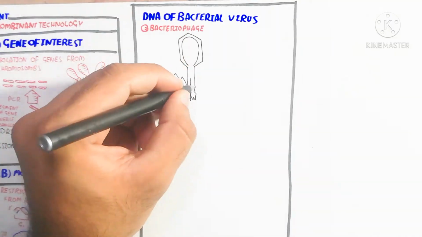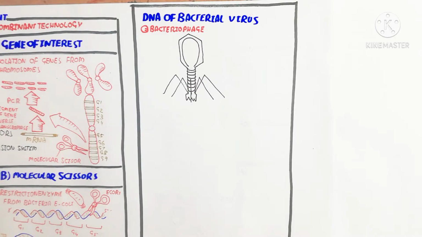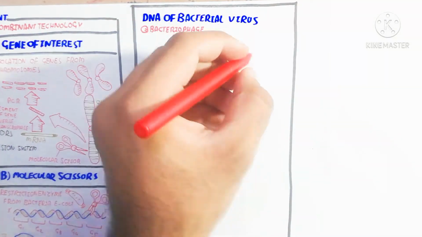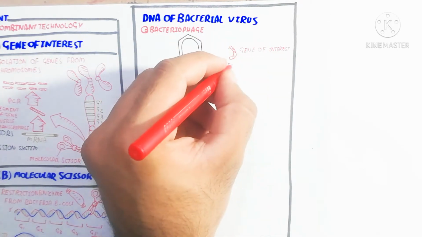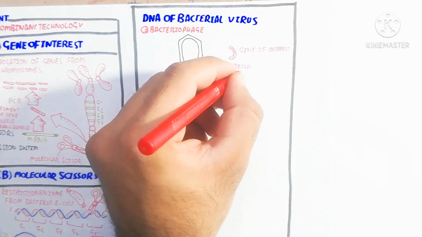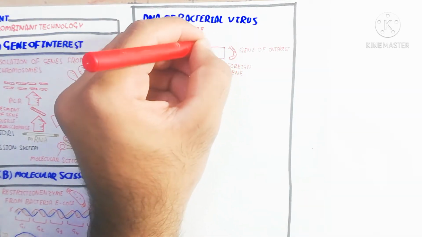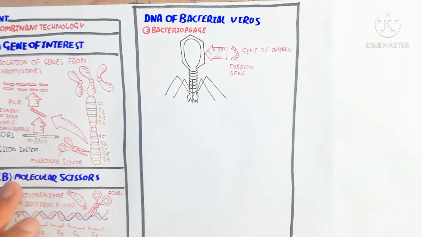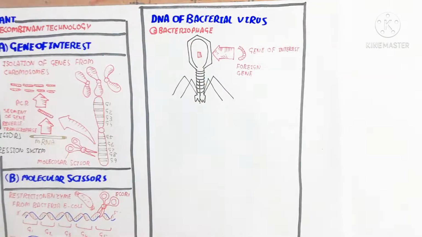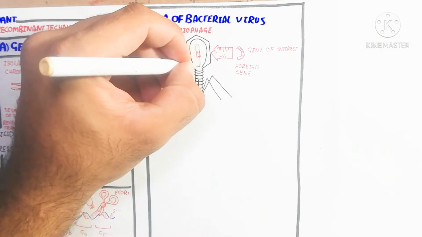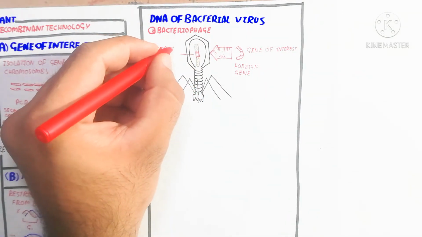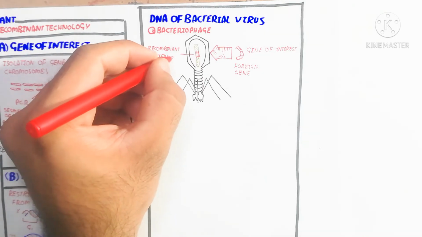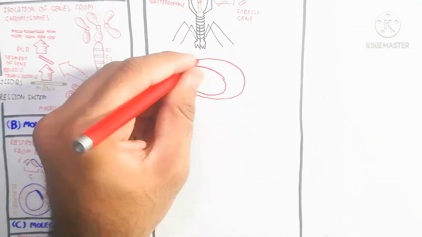This foreign gene will be inserted into the bacteriophage DNA, and the host bacteria will be infected by this bacteriophage DNA. That process is landing, absorption, injection, and release. After the injection, the bacteriophage will be released. So here we will not go into those details.